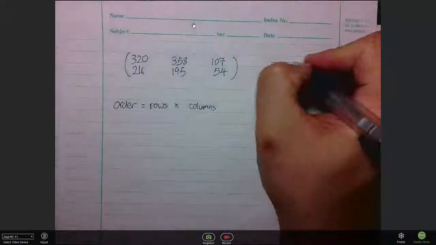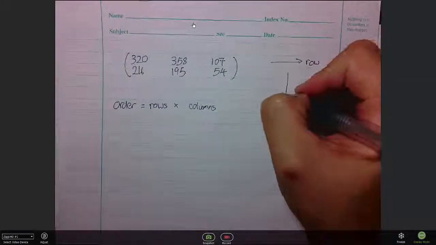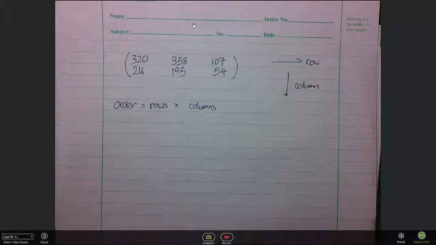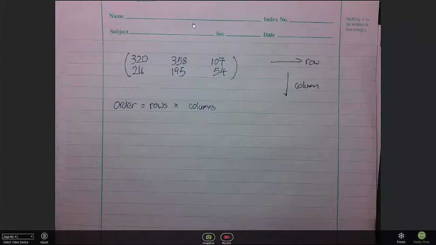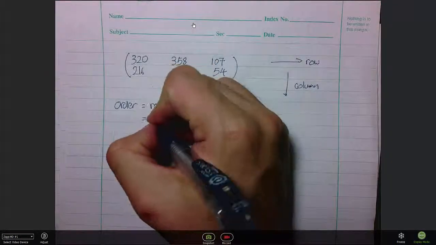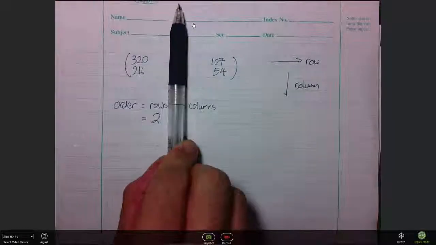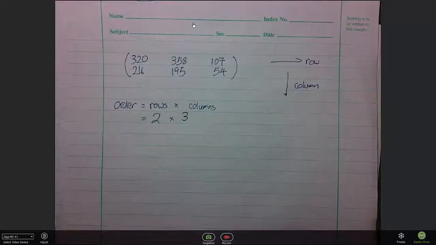This way is a row, and this way, up and down, is a column. In this case we have one row, two rows. So the order of this matrix is 2, and columns, a column is a vertical one. We have one column, two columns, three columns. So the order of this matrix is 2 by 3.